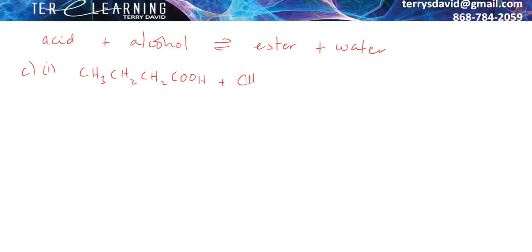So ethanol is CH3, CH2OH, and this is going to produce CH3, CH2, CH2, COO, CH2, CH3 plus water, right? So this is my equation for my reaction between compound D and ethanol. And so this is part 1.